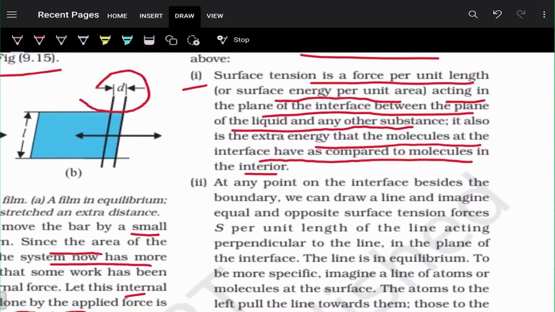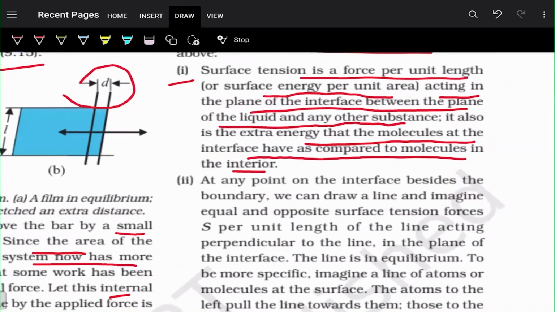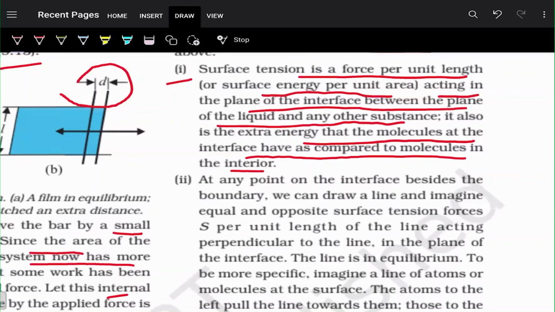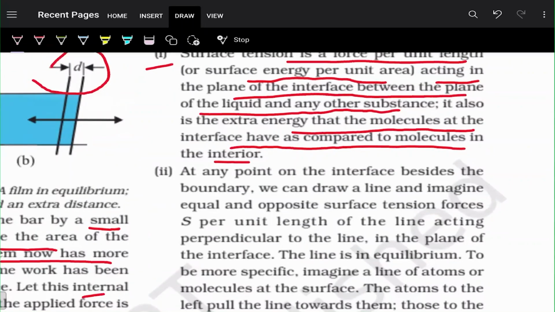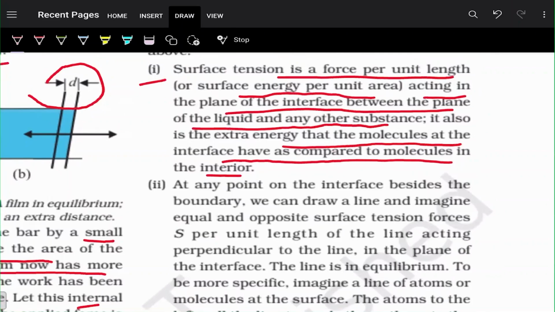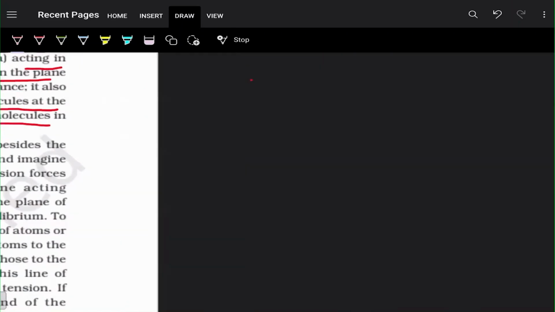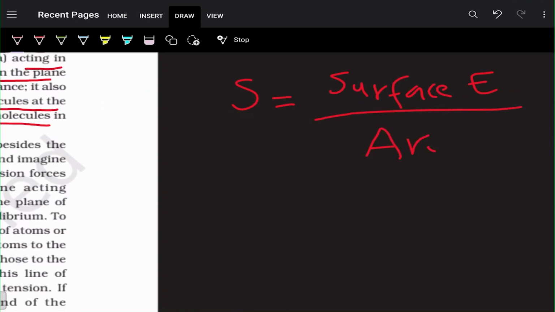It is also the extra energy that the molecules at the interface have as compared to molecules in the interior. Correct? Surface tension is equal to surface energy per unit area.